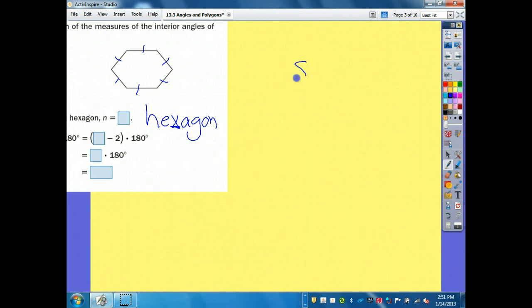So let's figure out the sum here first. How do I find the sum of this hexagon? What's the formula that we're going to use? 6 minus 2.